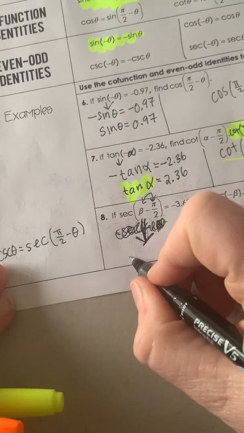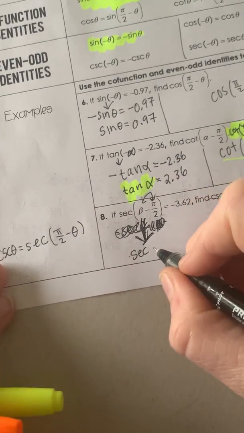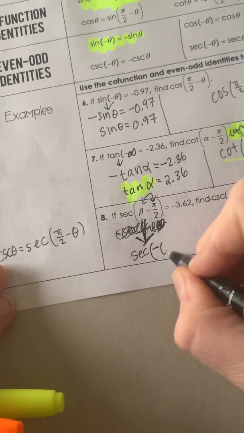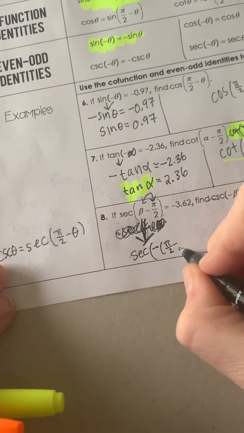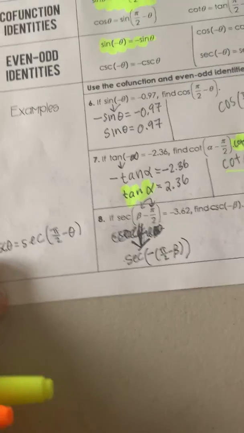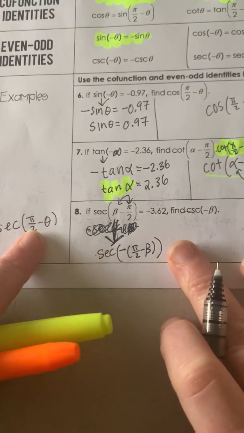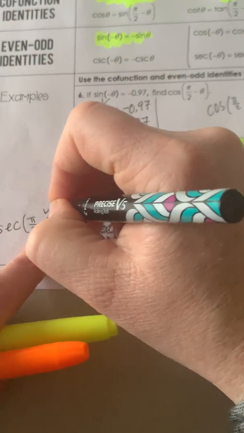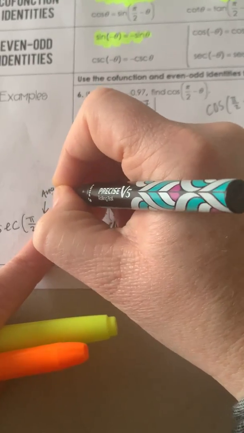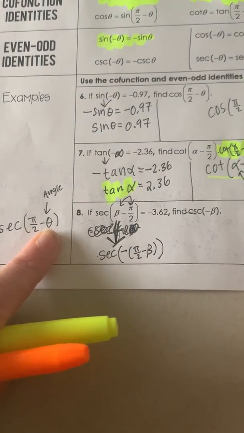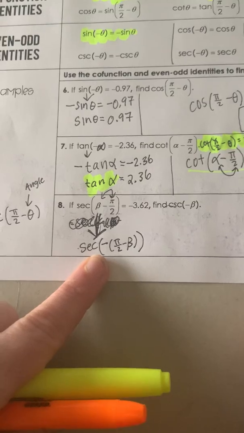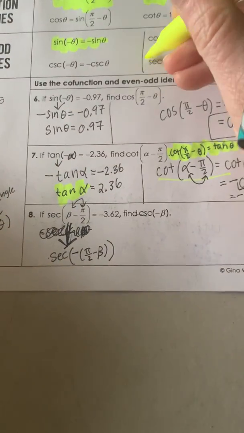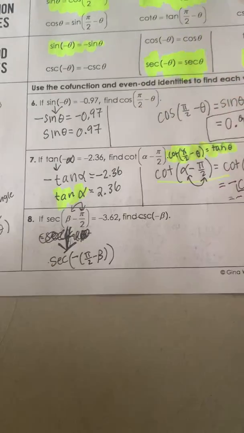This is equivalent to secant of negative pi over 2 minus beta, because that's what our rule has. It has pi over 2, then the angle, which in this case is beta. Now we're going to use our secant even angle identity to help us.